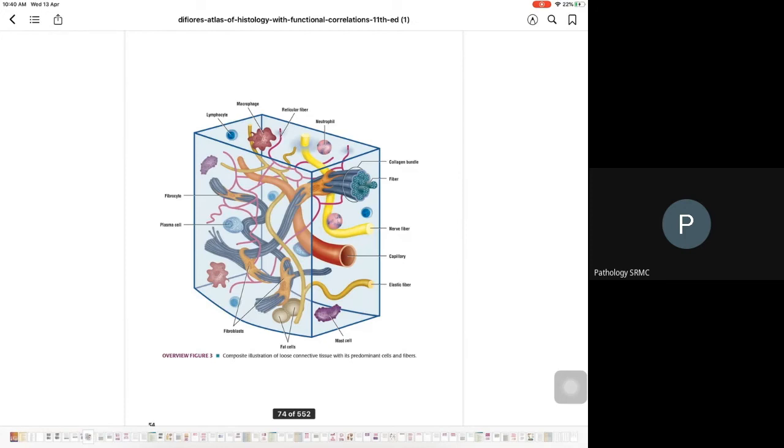Composite illustration of loose connective tissue with its predominant cells and fibers. From the top, they have labeled a lymphocyte, macrophage, reticular fibers, neutrophil, collagen bundle with fibers, nerve fiber, capillaries, elastic fibers, mast cells, fat cells, fibroblasts, and then plasma cells and fibrocytes, sir.